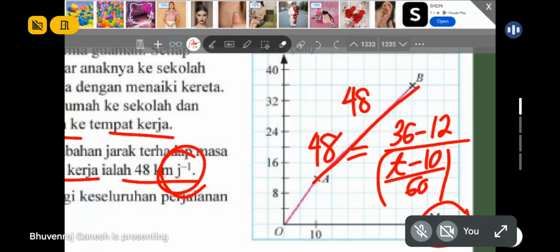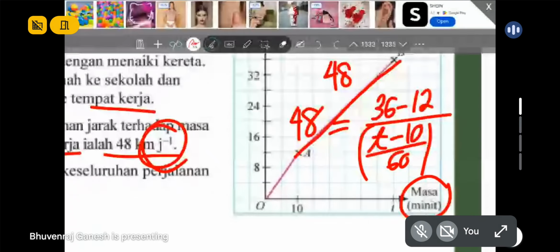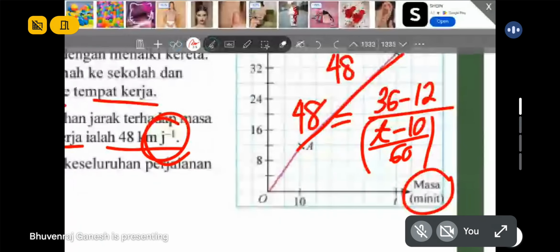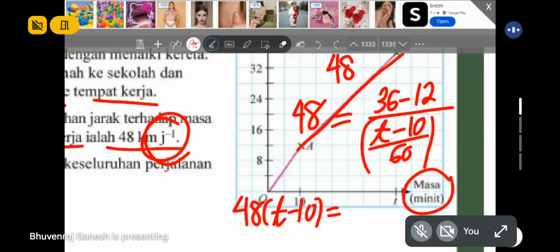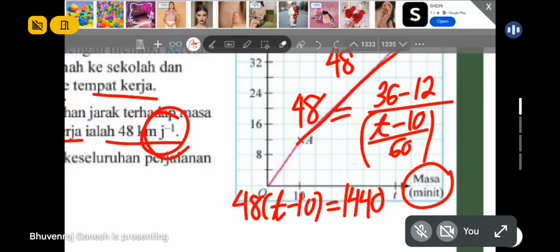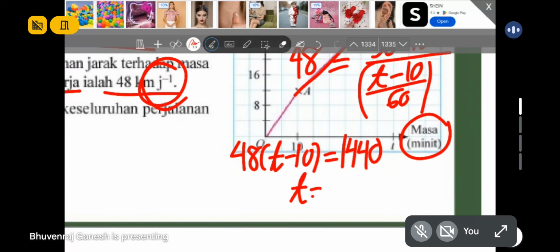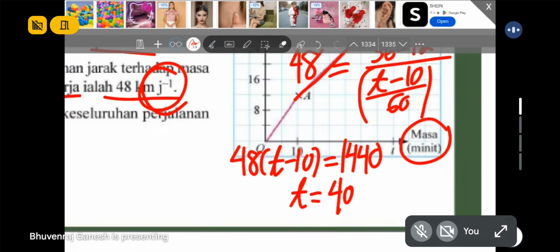So you just need to solve this. Selesaikan persamaan ni. So you will get 48t minus 10 equal to 60 times 24, which is 1440. So boleh cari your t value. You should get 40. Understand, guys? Clear? Jelas?